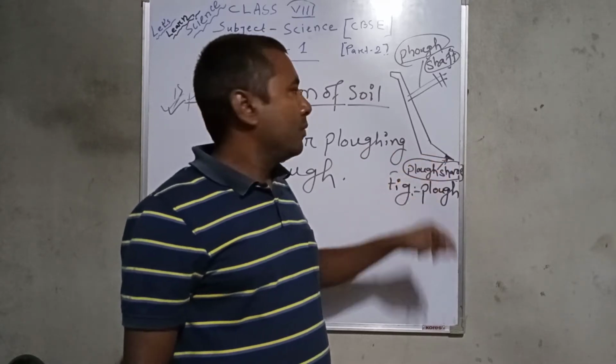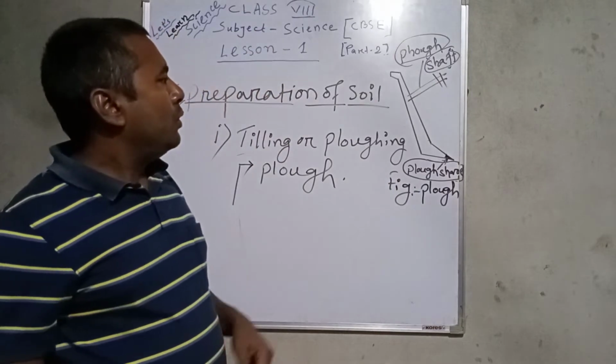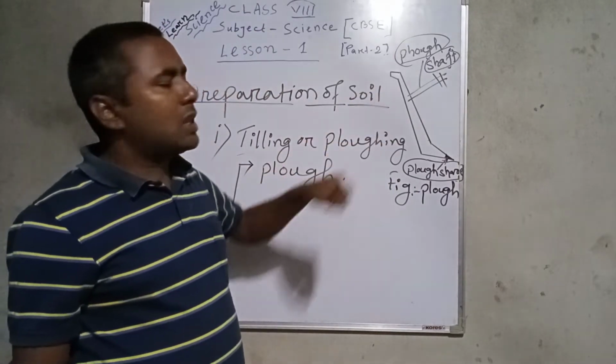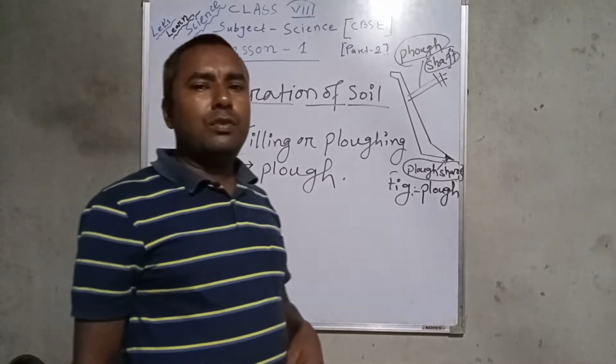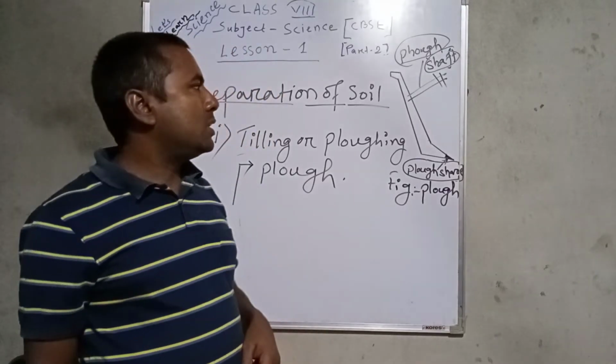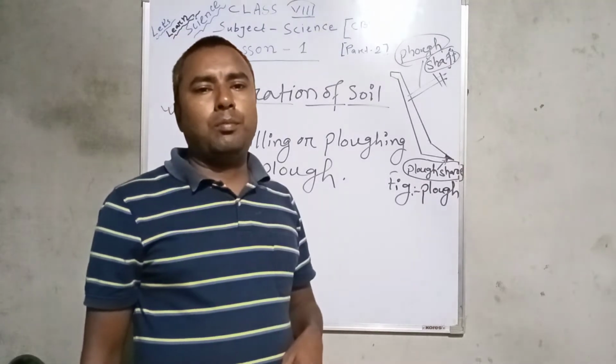Understood? That means to make the plow functional, what things are required? A pair of animals and a person.